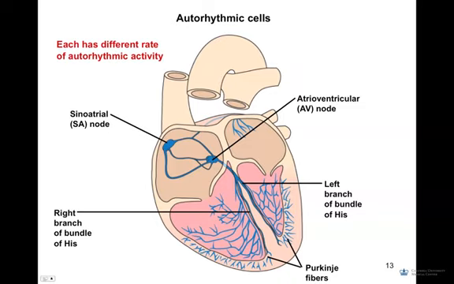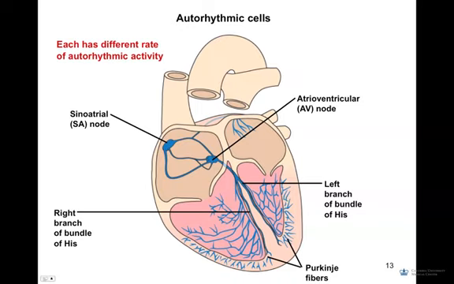And then we have another group of autorhythmic cells that occupy a space that's called the atrioventricular node, or the AV node. And the AV node is located almost at the center of the heart. It's located near the septum, in between the right and left atria, and also above the ventricles.